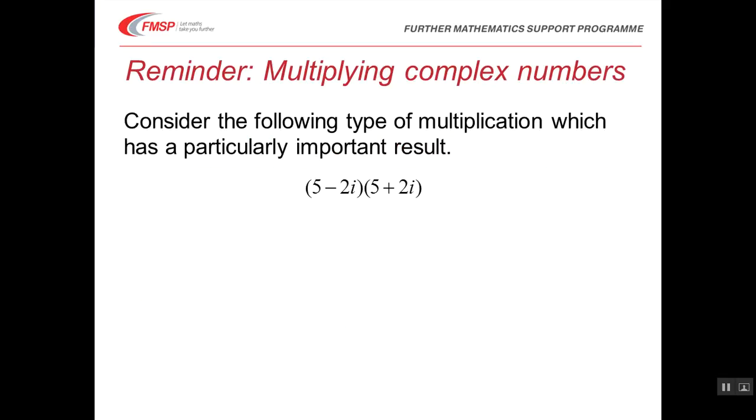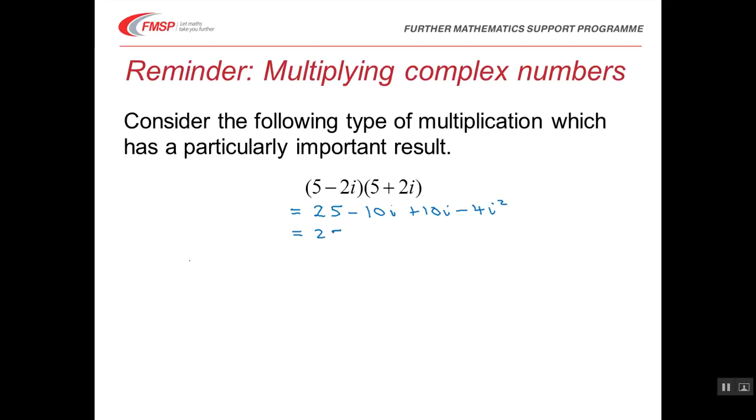Just as a reminder, we're going to look at this multiplication. So expanding the brackets, 5 times 5, minus 2i times 5, 5 times 2i, and minus 2i times 2i is minus 4i squared.